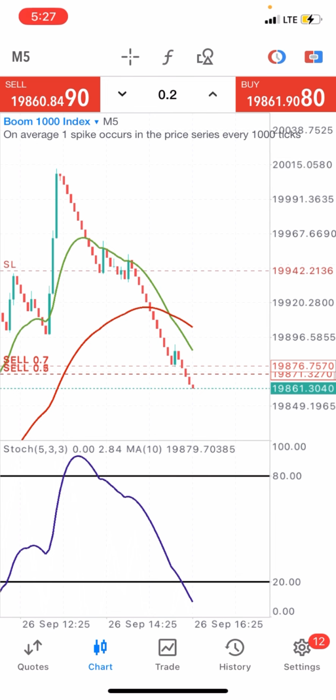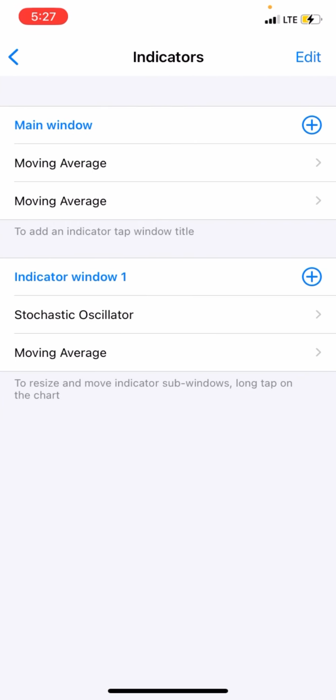So let me show you quickly the settings of this powerful strategy. Now we need just the moving average and the stochastic oscillator. We are going to be adding 3 moving averages to the chart.